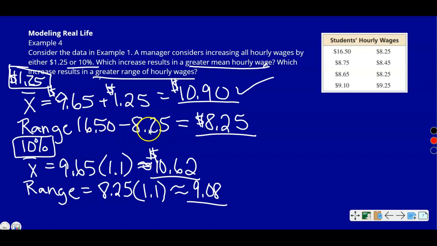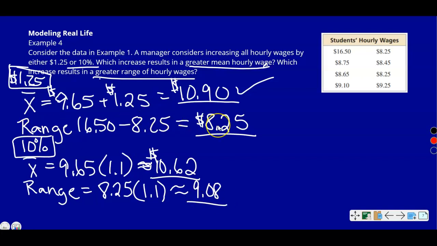So that's the difference from the highest to the lowest. If we multiply that by 1.1, that's multiplying the top number by 1.1 and the bottom number by 1.1. But if we multiply that difference, it's still the same. So that's what we did. We just multiplied that range by 1.1, and that shows us now that the range is $9.08.